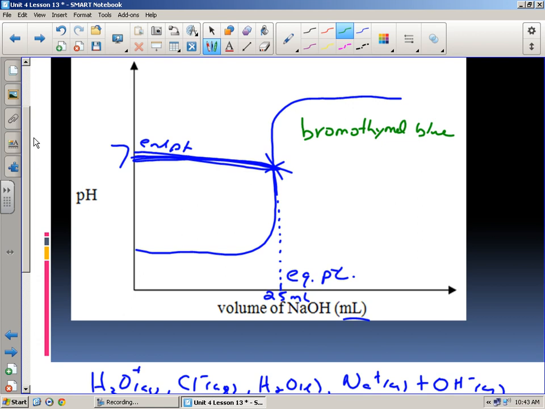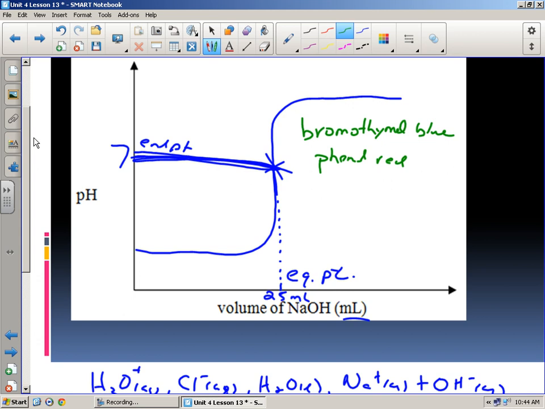And sometimes there's more than one option, guys, so keep that in mind. Bromothymol blue would be an option. I guess phenol red might be a second option. Yeah, I'd probably stay away from that one because it's got 2. So probably one of those two are the most likely that I would pick.